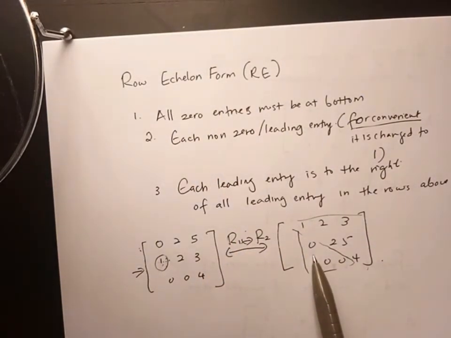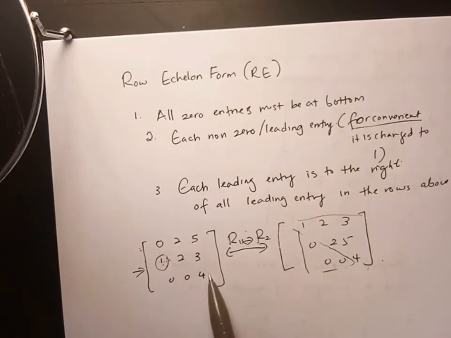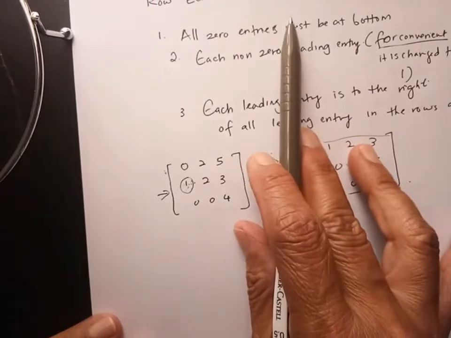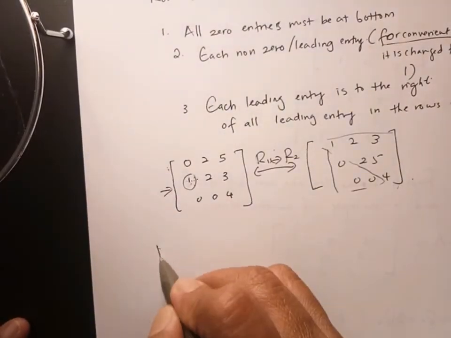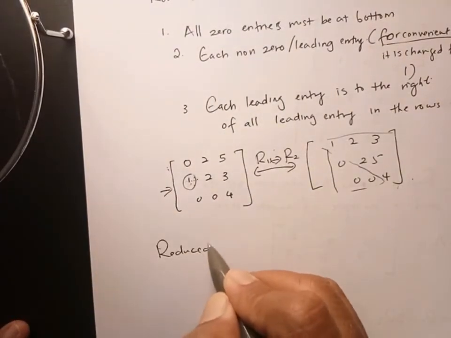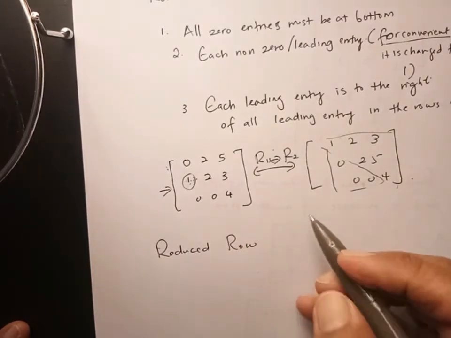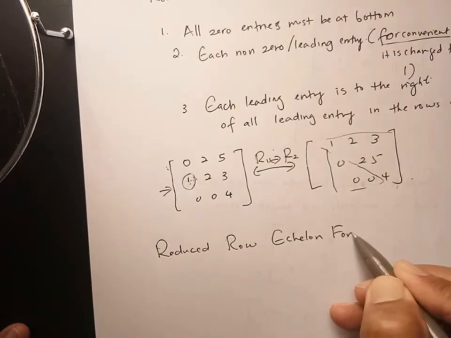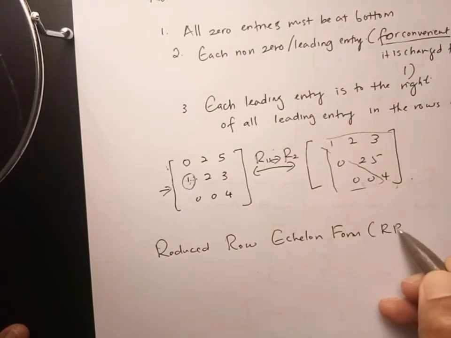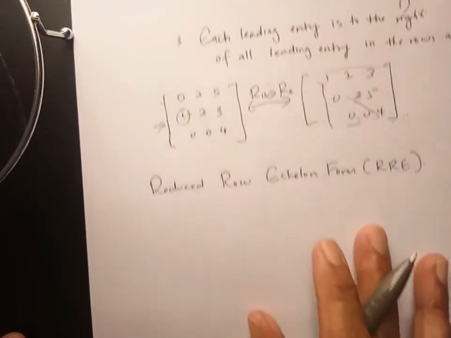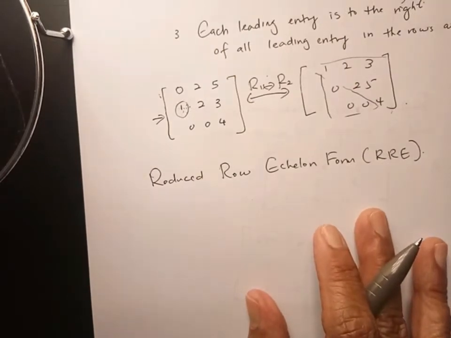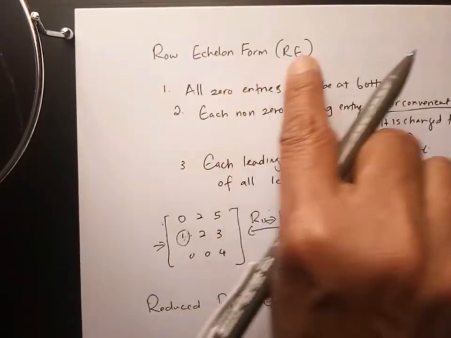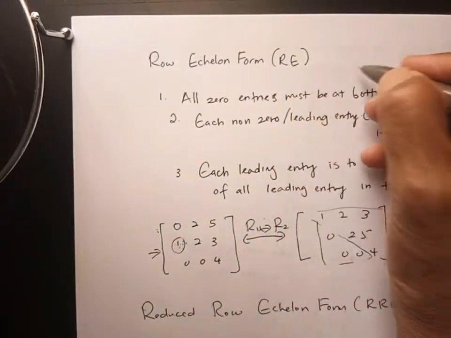This is the row echelon form. For row echelon form, it is not unique.